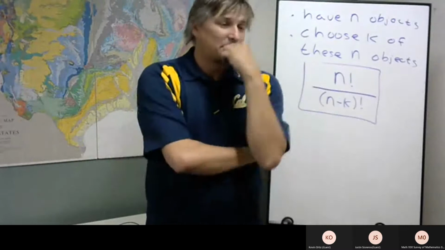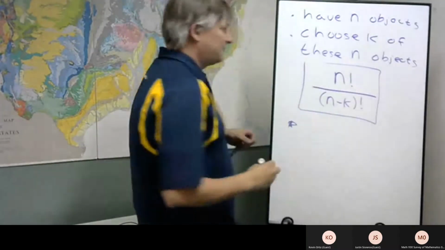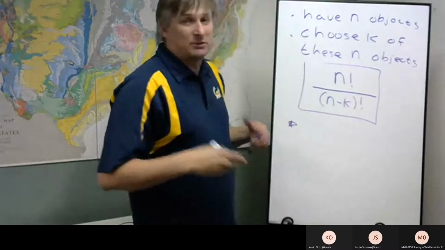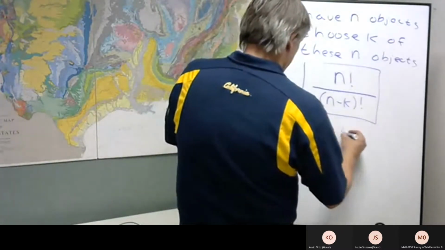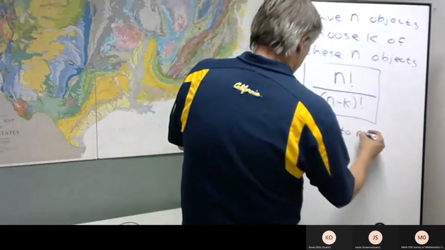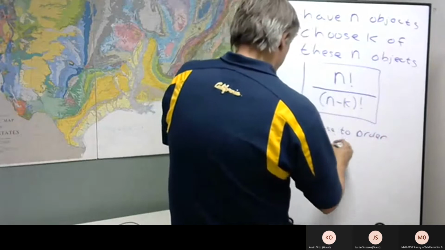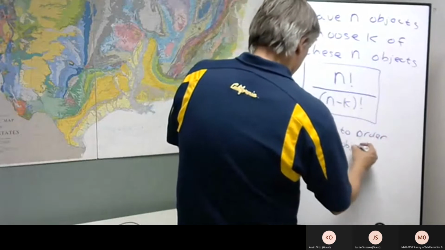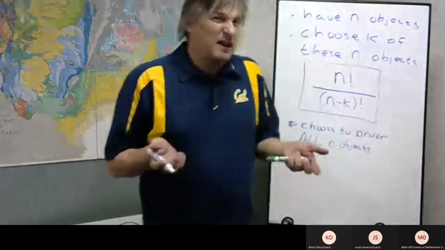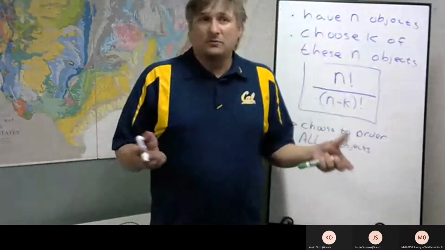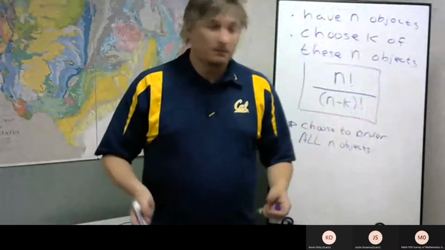And make a note, this is a little observation. If we're going to choose all n, like we started out with, remember when we did that? Well, how many permutations if you have different orders of everything? It was n factorial.